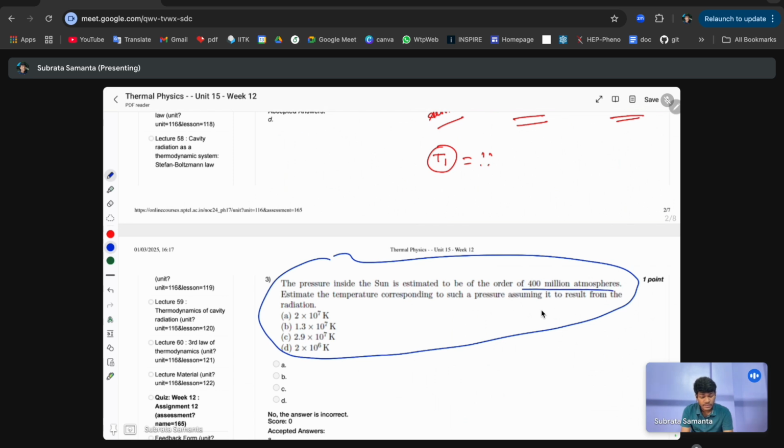Estimate the temperature corresponding to such a pressure, assuming it results from the radiation.